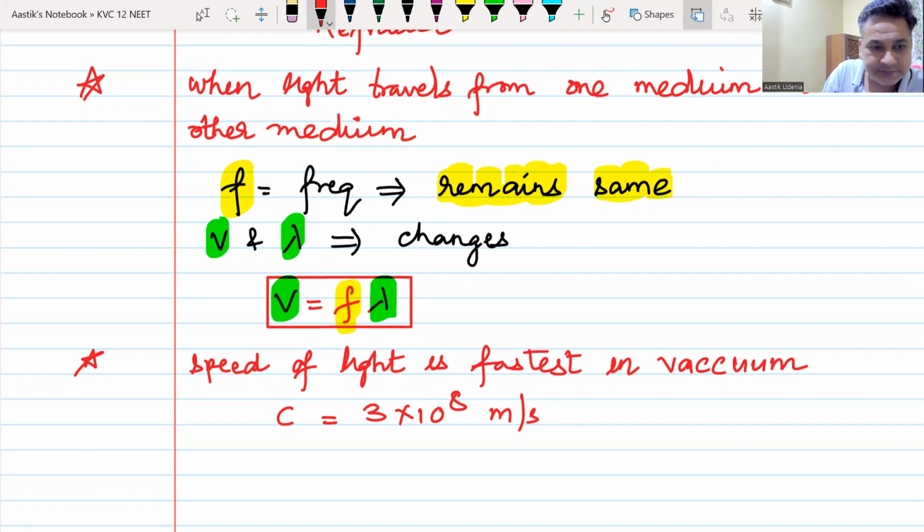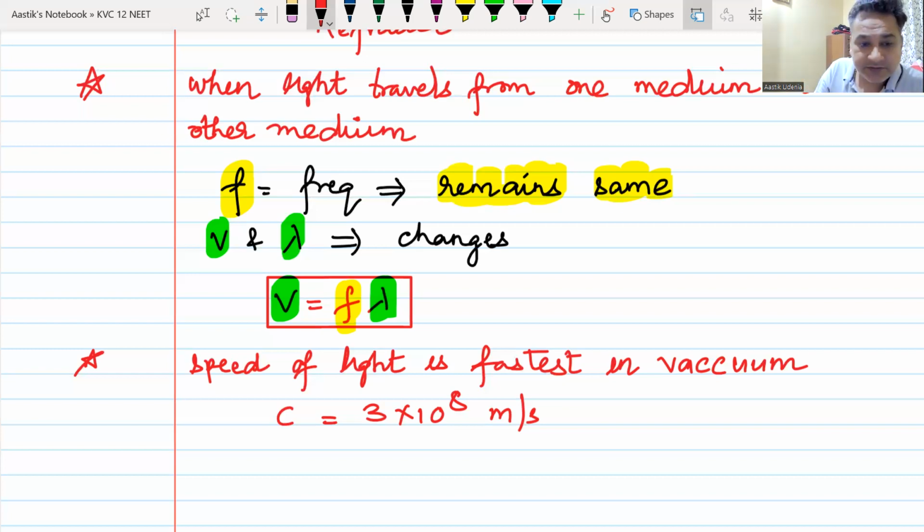So far so good? Okay, now in any other medium, the speed of light will be slower than this. Do we understand this?